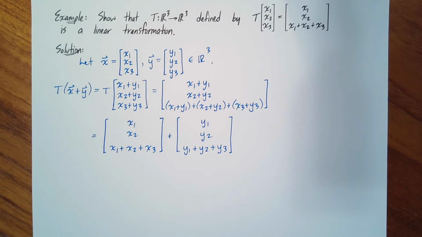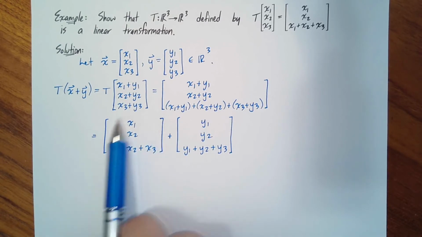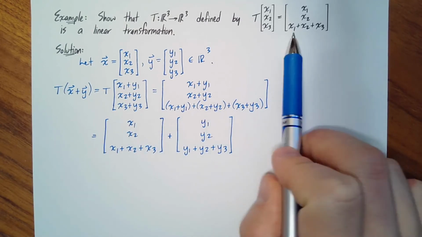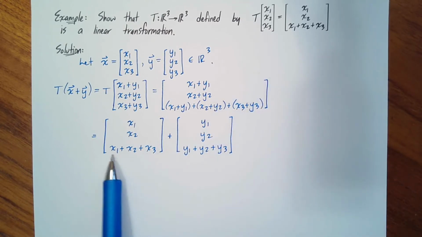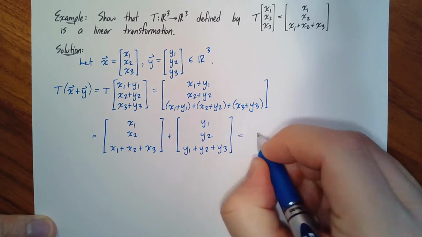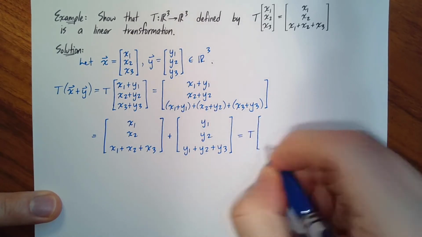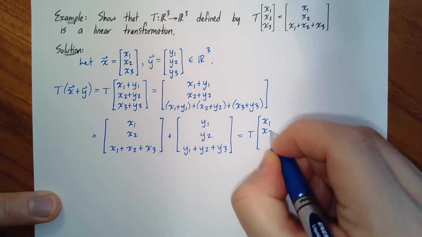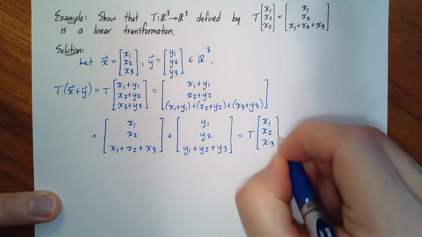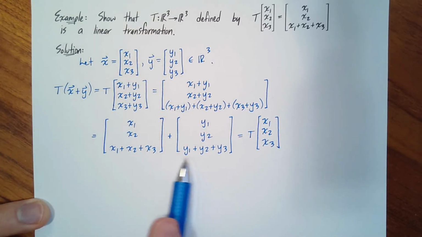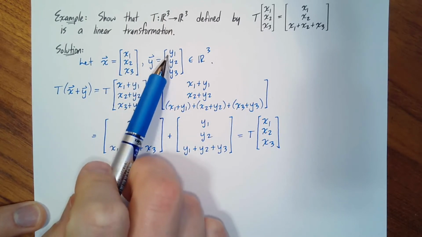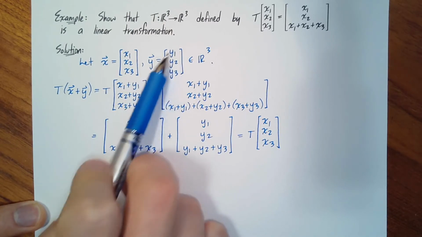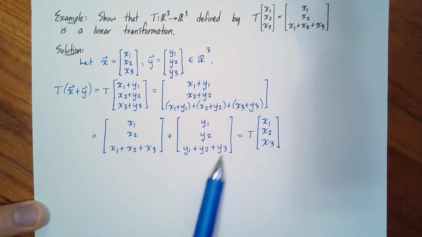Okay, and guess what this is, right? This is exactly this vector here. So it's going to be t of x1, x2, x3. That's what this first vector is. And then this vector is actually exactly what you would get if you worked out t of y1, y2, and y3. If you plug this vector into t, you'd get exactly this.